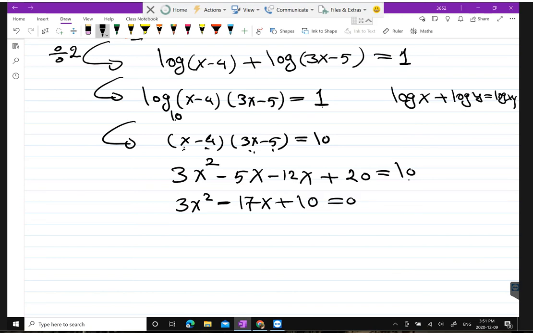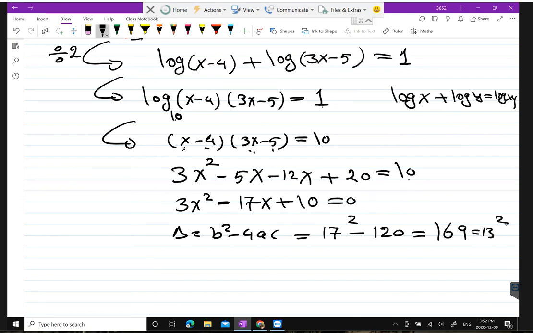Okay, then delta will be b squared minus 4ac. If you do so, it is 17 to the power of 2 minus 4ac, 120. Then if you do the calculation, you will get 169, which is 13 to the power of 2.